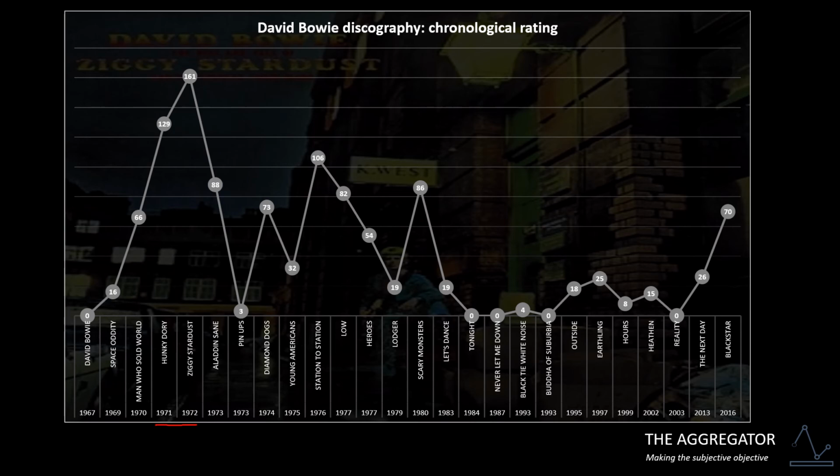So firstly, we have that early 70s critical peak with Hunky Dory and then Ziggy Stardust, and then we move later into the 70s and right through to the end of that decade, where still generally critically acclaimed, well regarded albums, very popular with fans and highly influential.